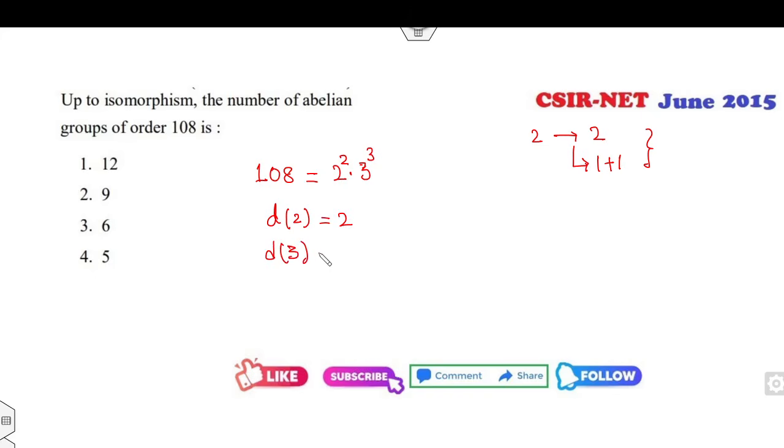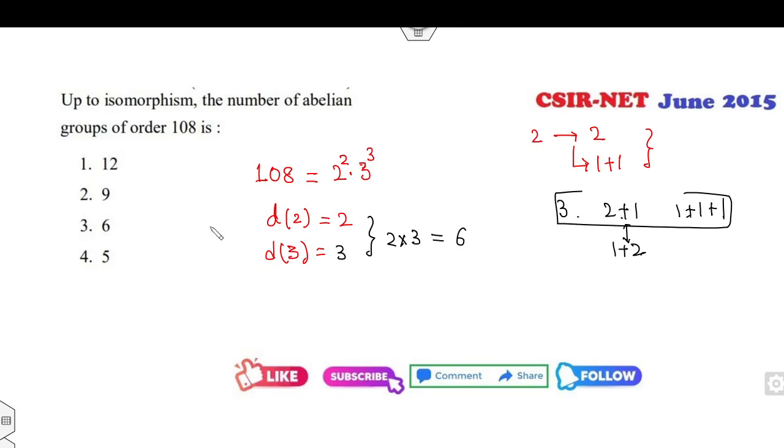How can you write the partitions of 3? I can write 3 as 3, then 2 plus 1, and then 1 plus 1 plus 1. Make sure ordering doesn't matter. You can't count 1 plus 2 separately from 2 plus 1 because they have the same meaning. So there are 3 partitions. So the right answer is 2 into 3, 6, is the right answer of this problem.